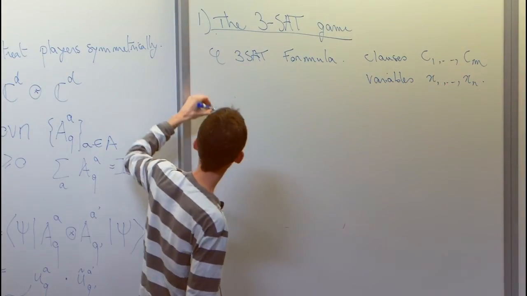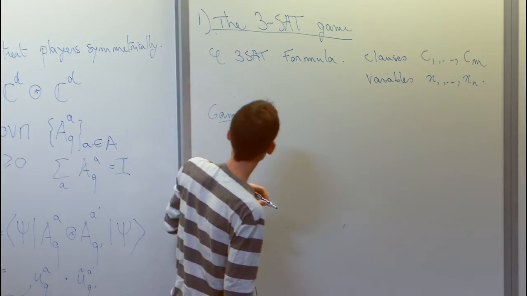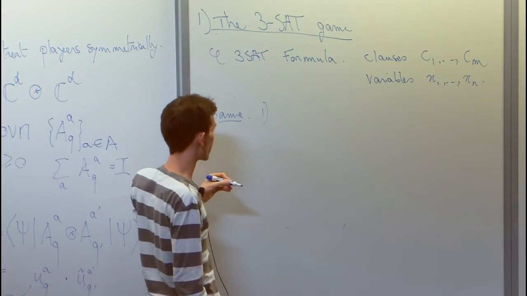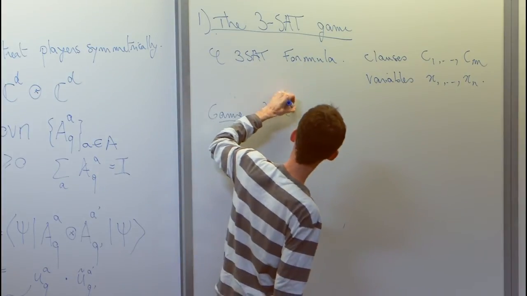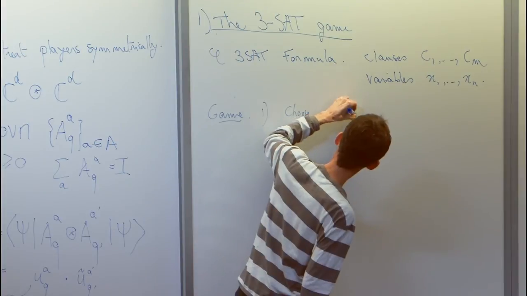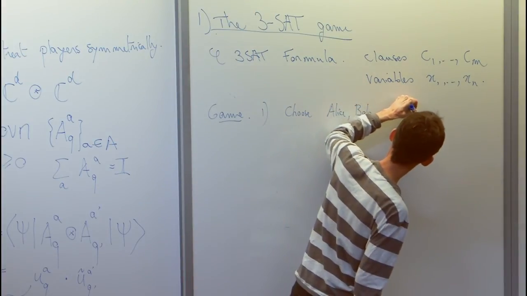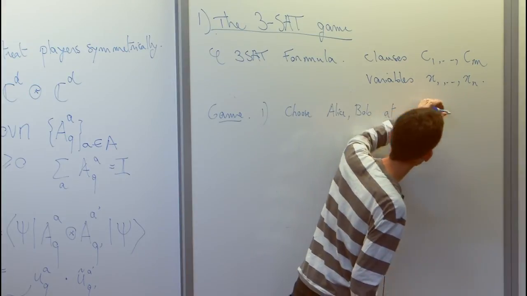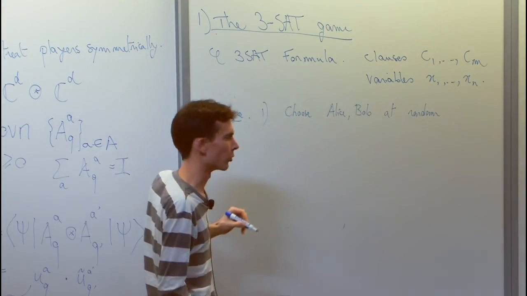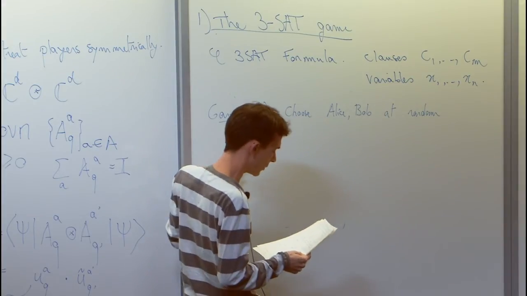And so the game is like this. So the first step, we do what I said before in terms of symmetrization. So we choose Alice, Bob at random. By this, I mean we tell each player, you're going to play Alice, you're going to play Bob, one way or the other. So there's no 2 Alices. One is Alice, the other is Bob.